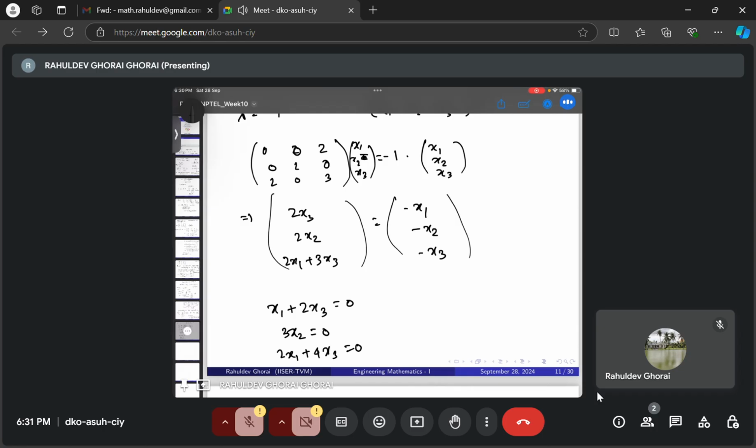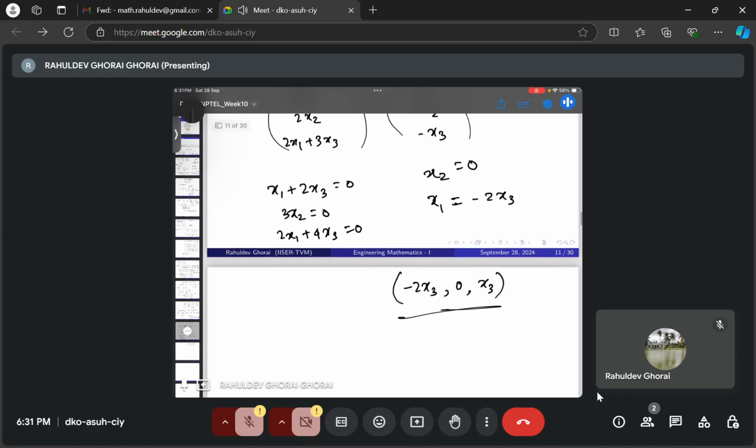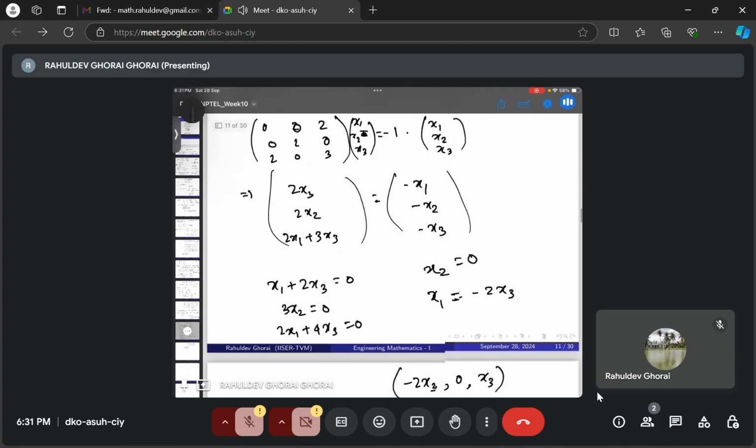That implies x2 is equal to 0 and x1 is nothing but minus 2x3. So the solution is of this type: minus 2x3, 0 and x3. And this x3 can be anything, right? So minus 2, 0, 1 multiplied by a constant.